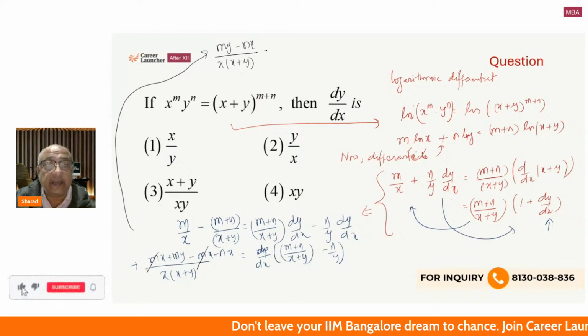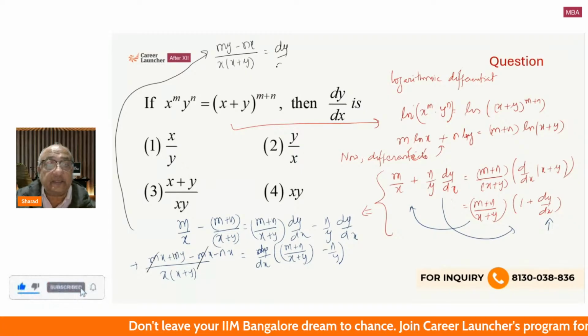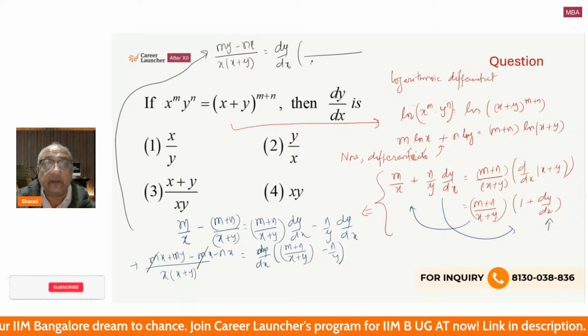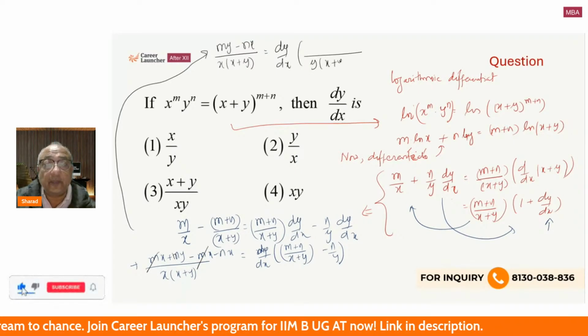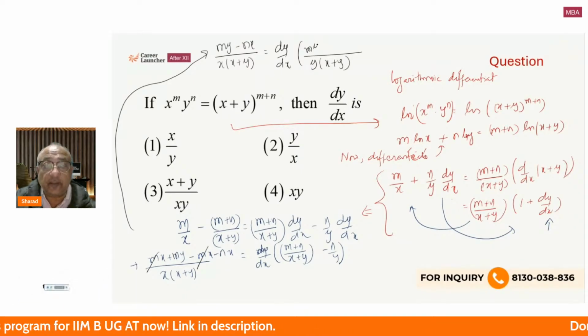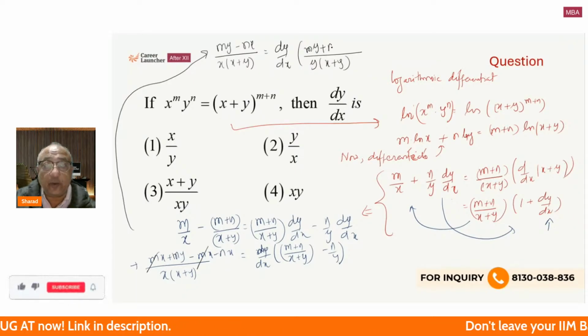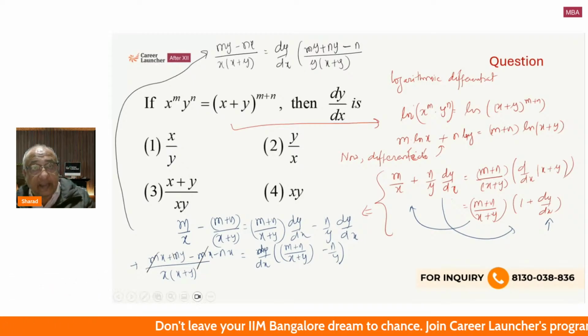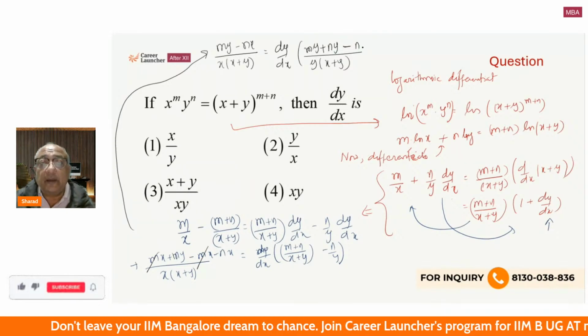Be slightly careful, have patience, we'll just do it, okay? And here I'll take LCM, I'll get y into (x plus y). So this is looking all right. This is not looking very odd. My plus ny minus nx minus nx.